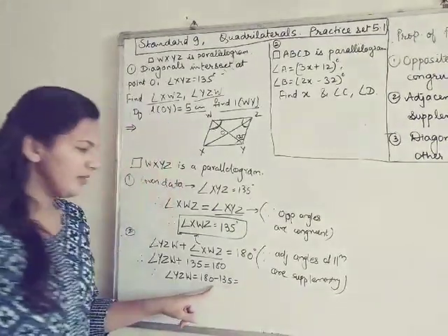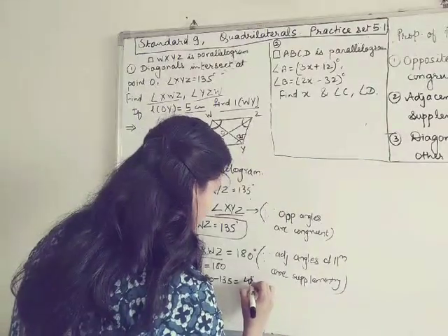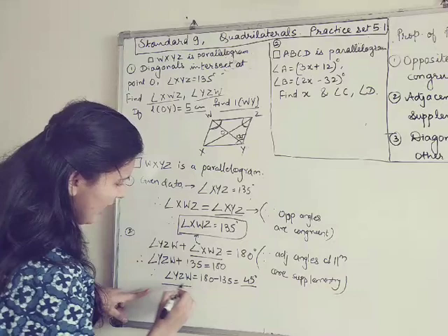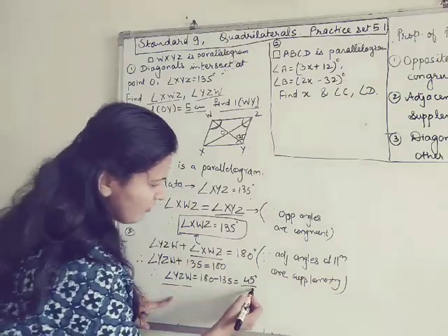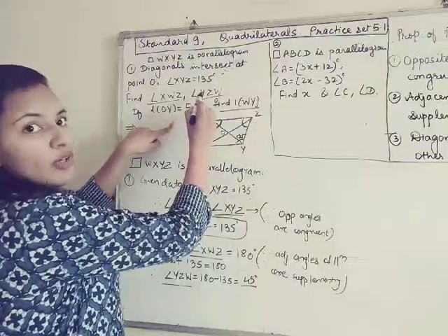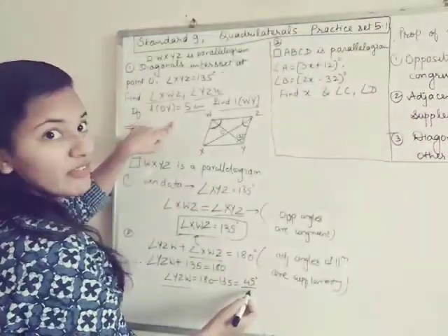What is 180 minus 135? It is 45 degrees. So we got the measure of angle YZW, it is 45.